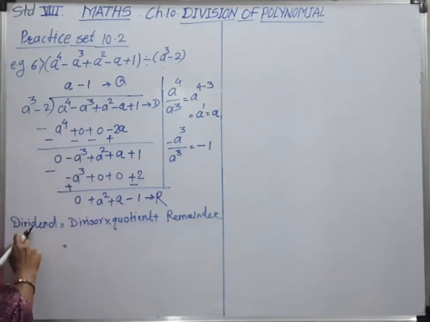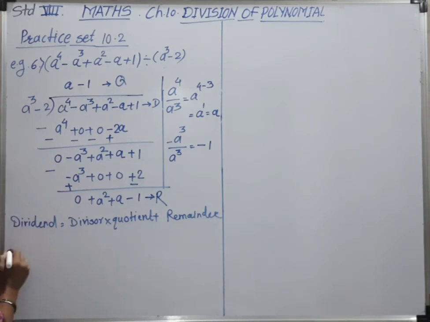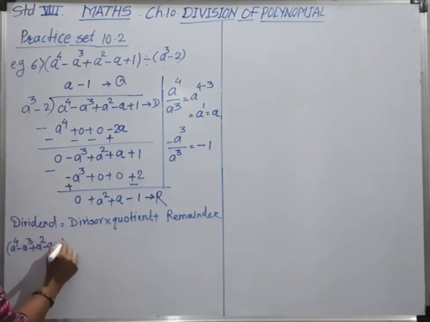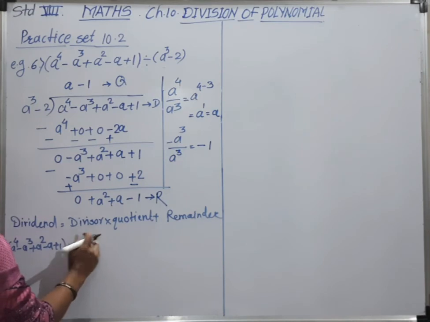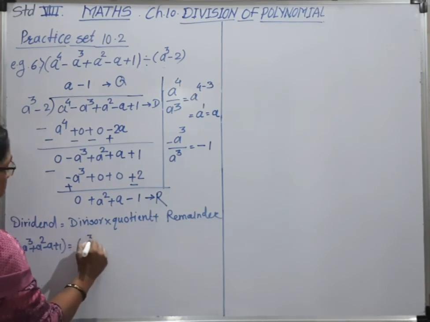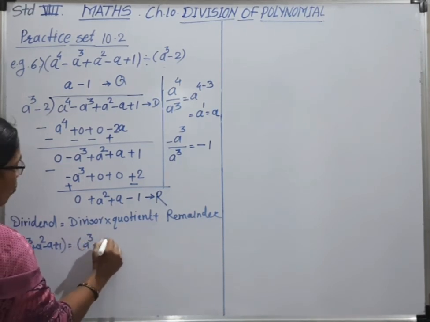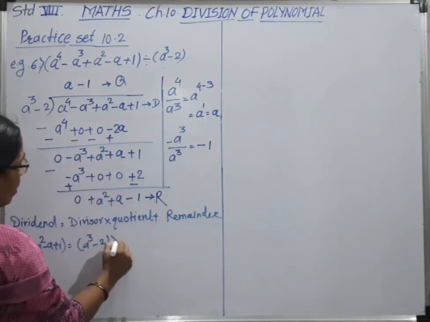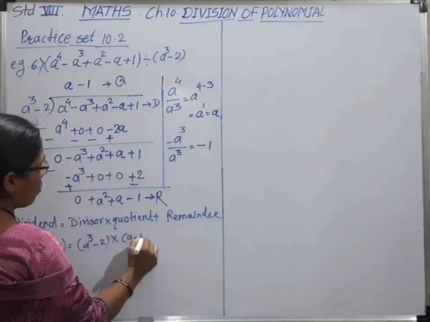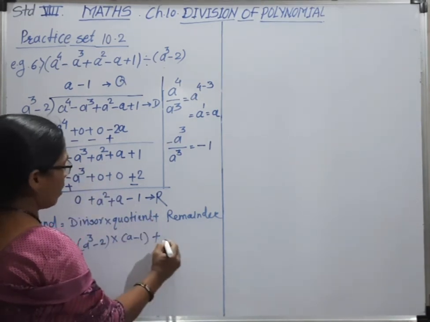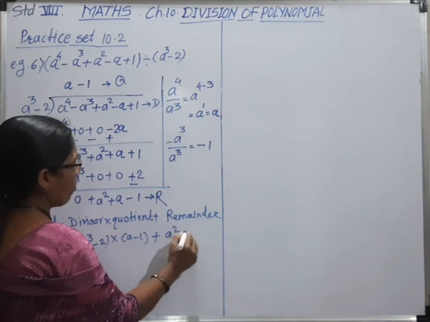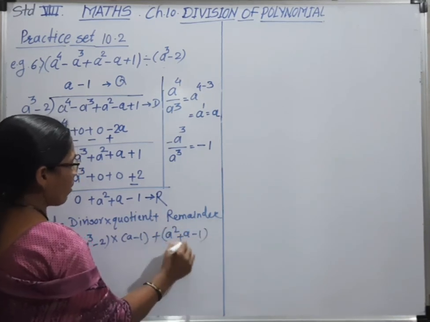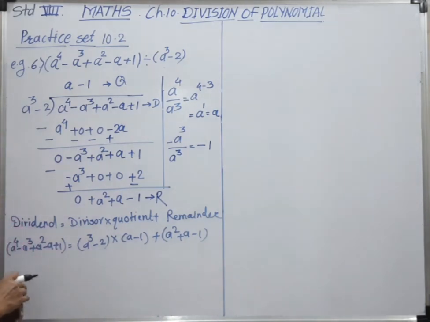So here, dividend is a raised to 4 minus a cube plus a square minus a plus 1. It is equal to the divisor, a cube minus 2, into the quotient, a minus 1, plus the remainder, a square plus a minus 1. So you have to write the answer in this way.